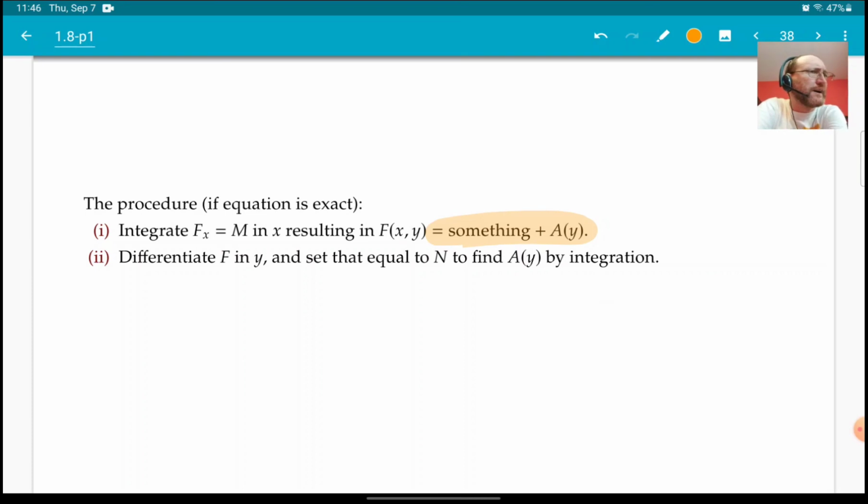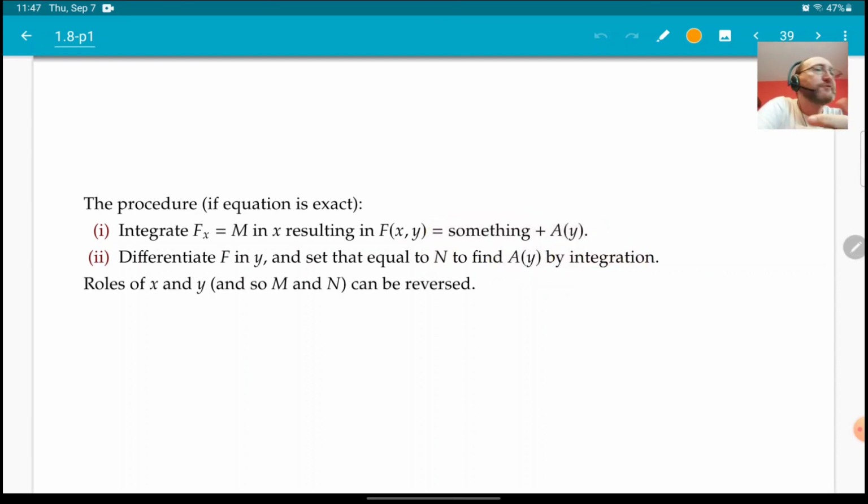It doesn't need to drop out like it did in our example. Maybe it's something more complicated. So you get something, and that something is supposed to equal N, right? And so you look at that equation and you solve for a. You're going to get a prime in there, so you really have an equation for a prime. So then you have to solve by integration, right?